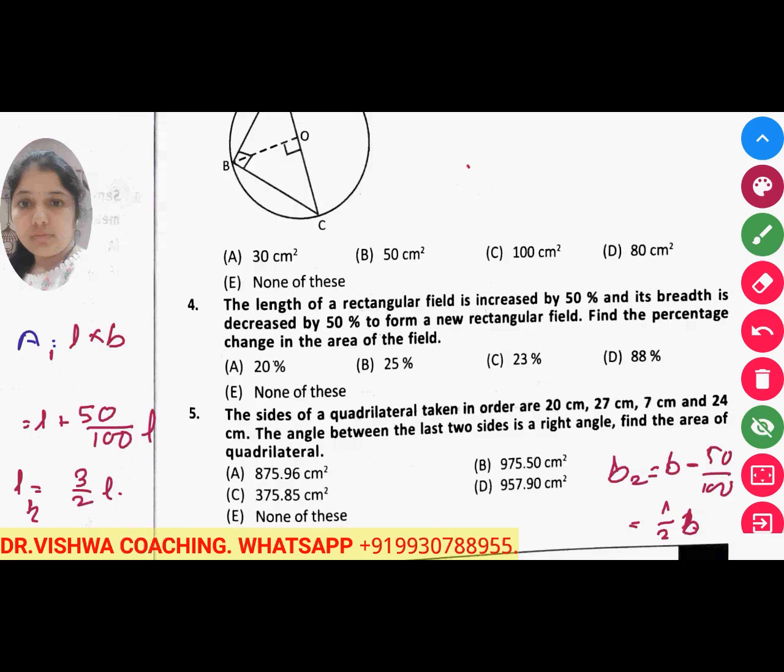Okay. So new area A2 is equal to length into breadth, means 3 by 2 L multiplied by 1 half B, means 3 by 4 LB. Okay. Now we got the value of A2, we got the value of A1. Now we can find the difference in the area.